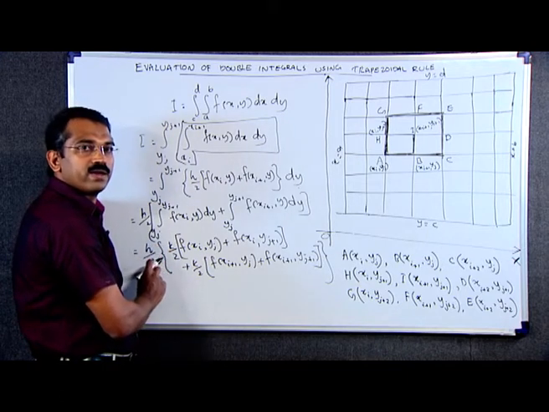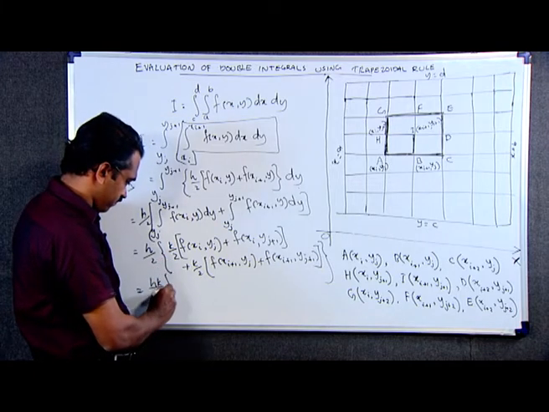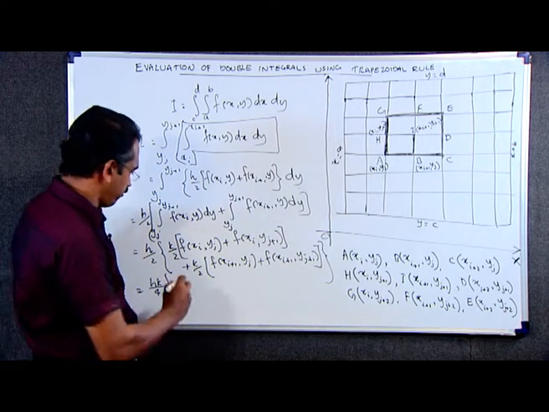h into k divided by 4 into f of I comma j.